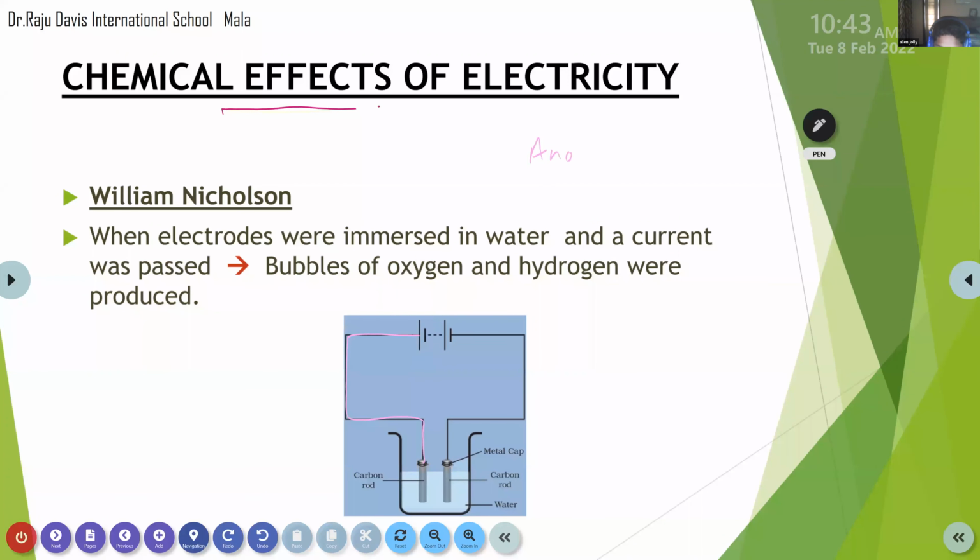Two electrodes are there, anode and cathode. So which electrode is connected to the positive side of the battery? Anode. Okay. Very good.